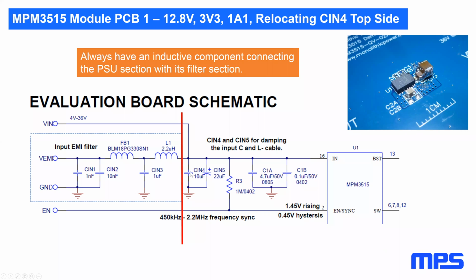Do not put a low impedance capacitor in your filter area, because that will screw up the low noise requirement of your filter. It will introduce a lot of input ripple. You want to locally decouple into your filter section. So make a clean cut between your filter area and your power supply area, and the component which goes from this area to that area should always be an inductor.